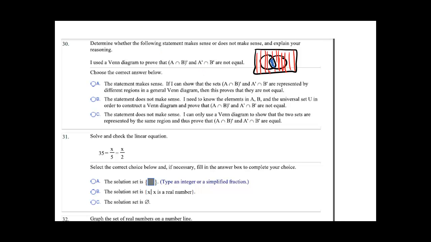Now our second scenario, the complement of A intersected with the complement of B. So again, we'll start by drawing our Venn diagram.